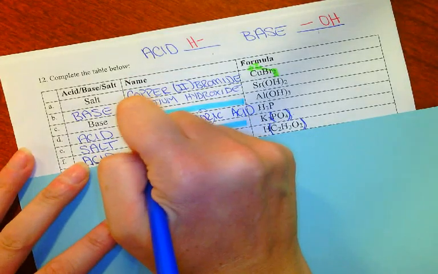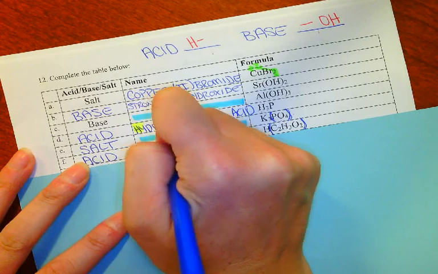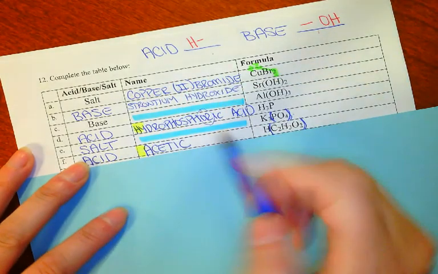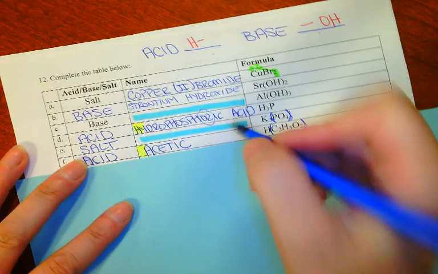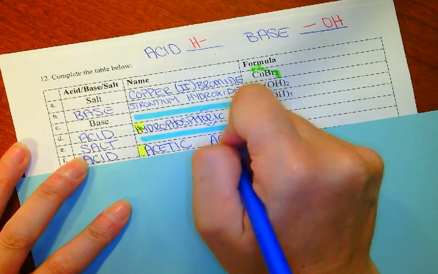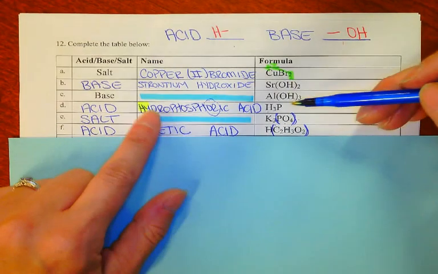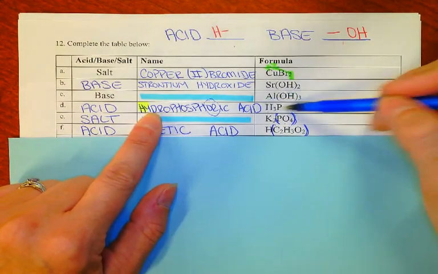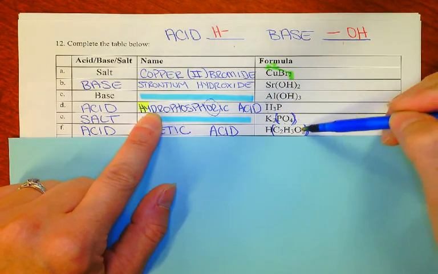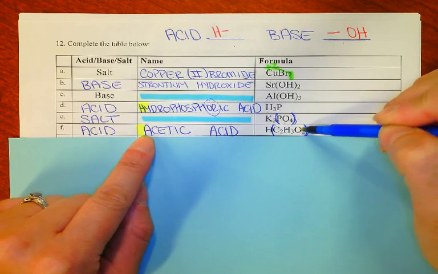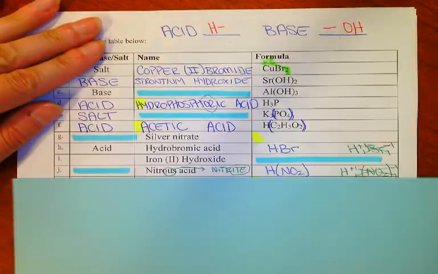So instead of acetate, I'd say acetic. Okay, instead of acetate, it's acetic acid. Like that. So you'll notice this one starts with hydro because there's no oxygen in it. This one has oxygen in it, so I cannot say hydro. All right.